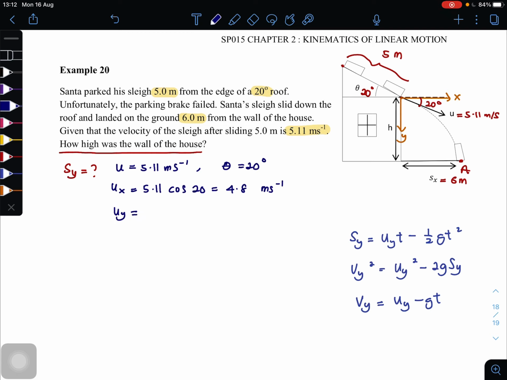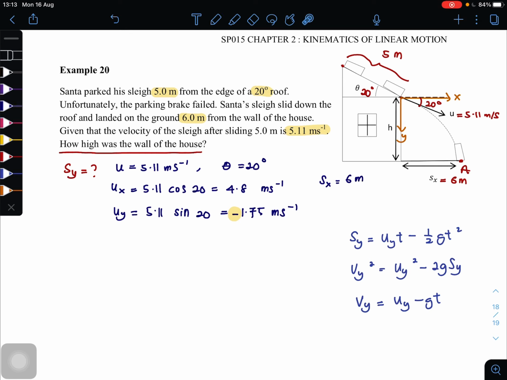And then UY equals 5.11 sin 20, equal to 1.75 meters per second. And okay, don't forget, if we have the Y component going downwards, so here must be negative. Don't forget you need to include the negative here because the Y component is going downwards. Okay, and then last one, we have the value for SX, equal to 6 meters.